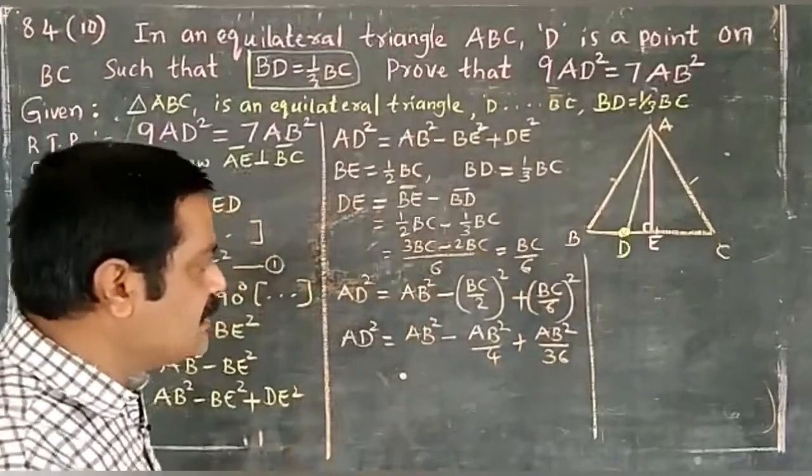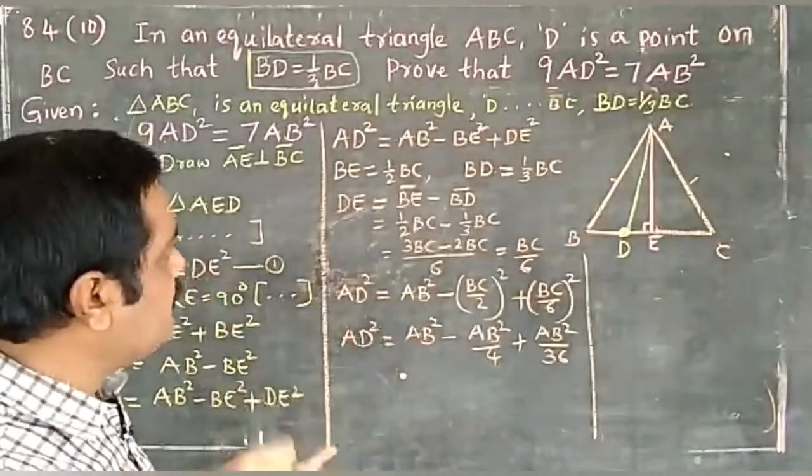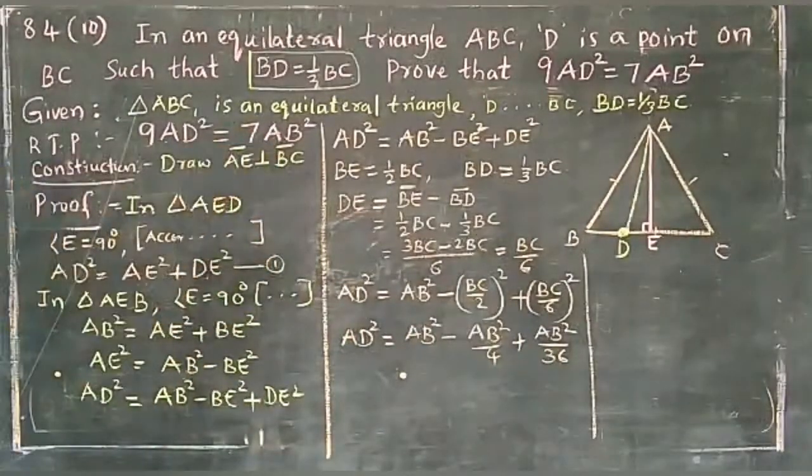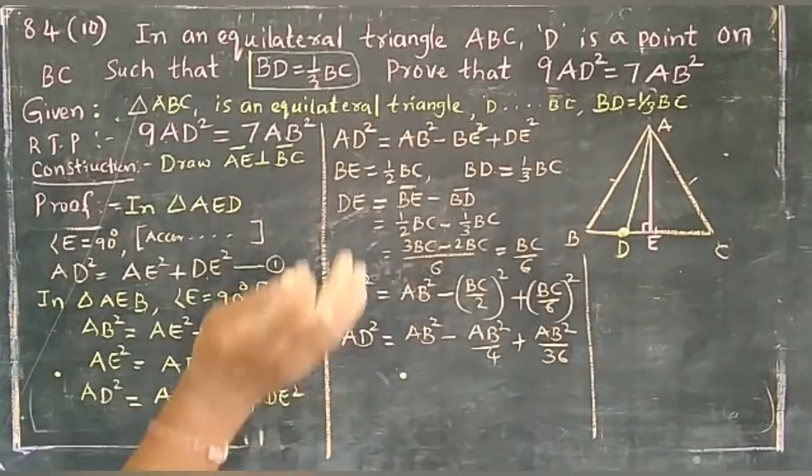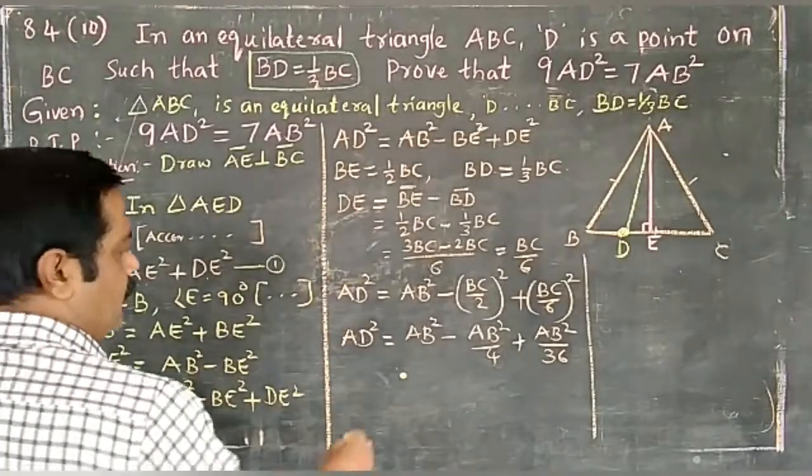Instead of BC, I wrote AB, because we need AB only. All terms are converted to AB: from BE and DE to BC, and from BC to AB.